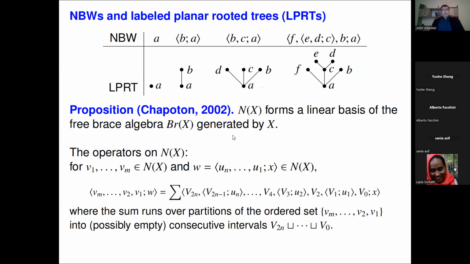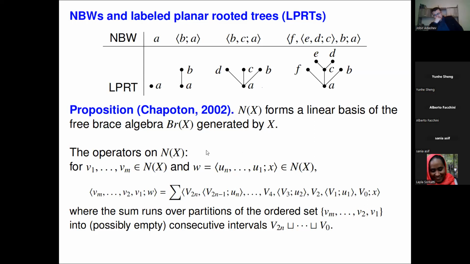It was shown by Chapoton that the normal brace words form a linear basis of the free brace algebra generated by X. So it's a linear basis.